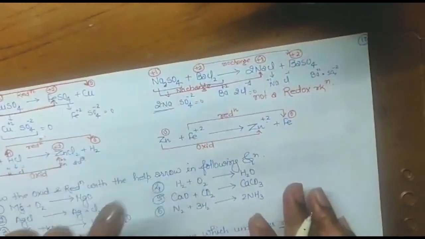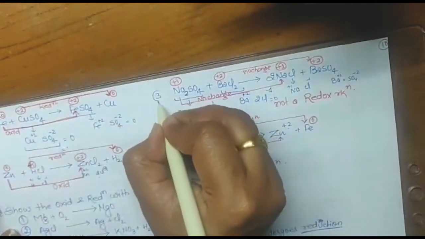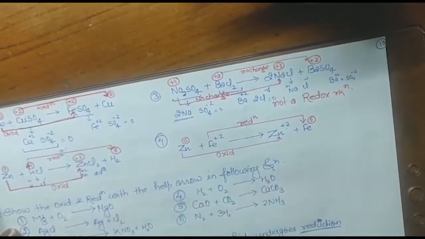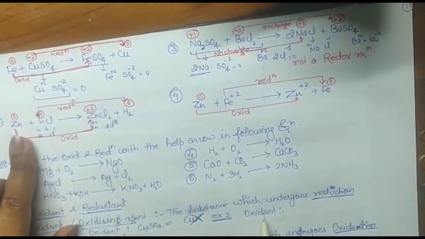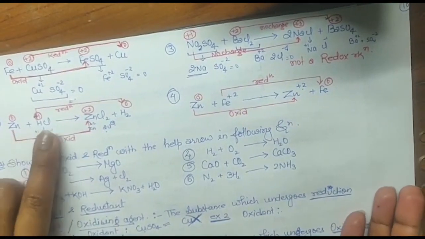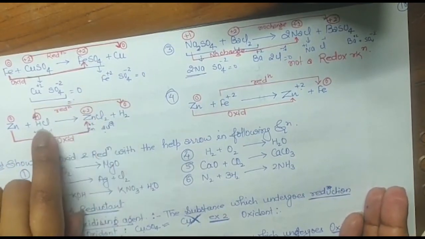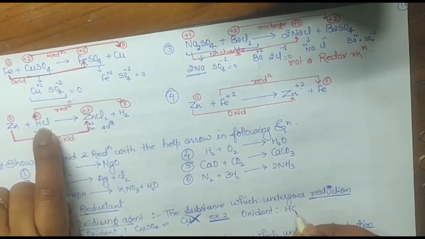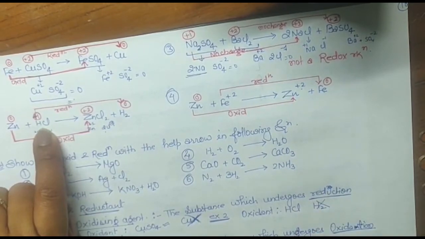Let this be 2, this is 3, and this is 4. The one which is undergoing reduction. So which one is undergoing reduction? This H is undergoing reduction. But what do you write? The whole compound HCl, not H2. Got it? HCl will be the oxidant.